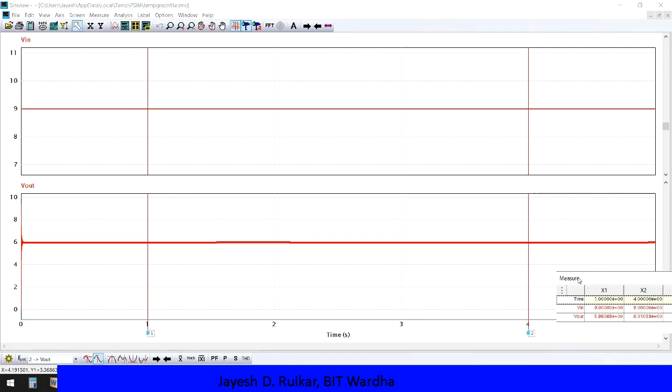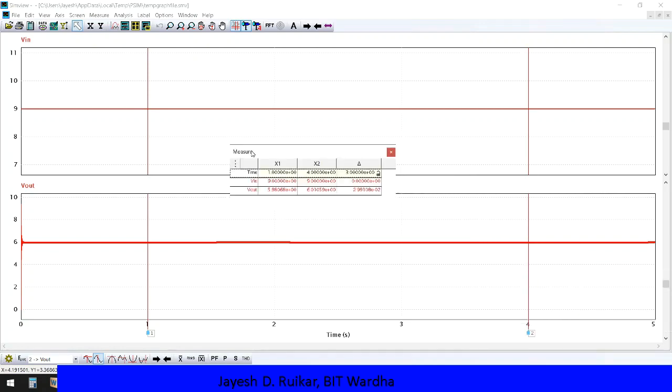So this is what the measure tab is, which will show you what is at the input, V in, and what is at the output. You can scroll down and measure all the values. You can see that the values are changing over here. So input voltage is 9 volt, and output voltage is 6 volt.